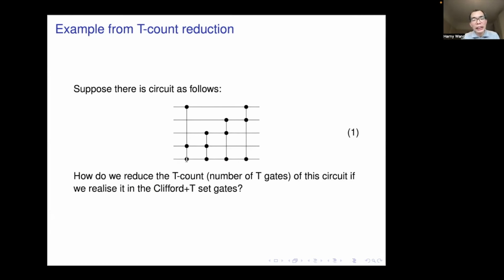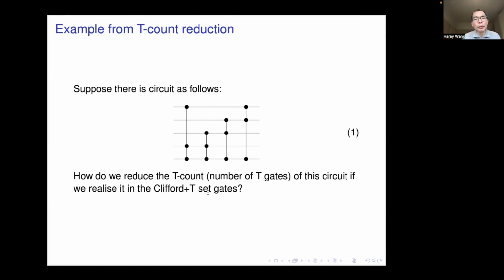The number of T gates is called the T count. A T gate is expensive and very hard to implement on a quantum computer, much harder than the Clifford quantum gates.